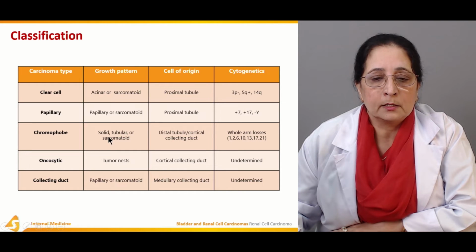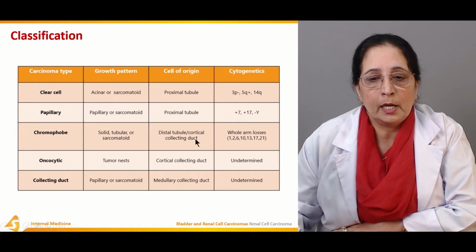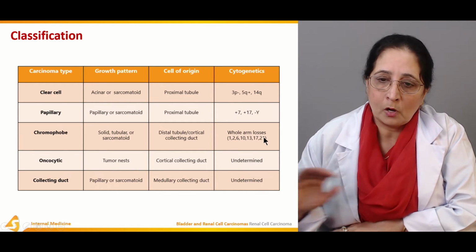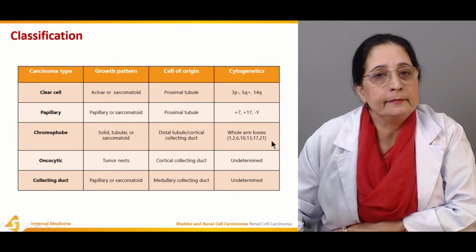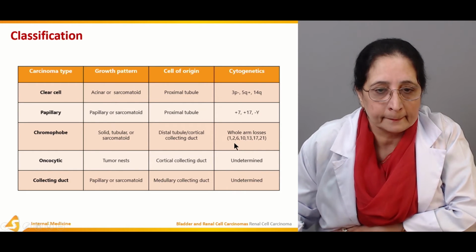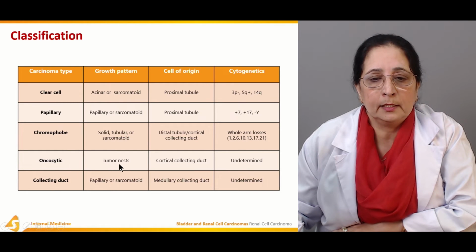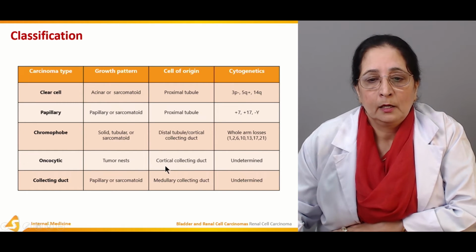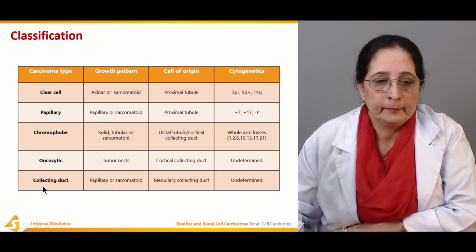Chromophobe: solid, tubular or sarcomatoid; they develop from the distal tubule and cortical collecting duct, with whole arm loss present in 1, 2, 6, 10, 13, 17, and 21. Oncocytic: tumor nests, cortical collecting duct, with undetermined cytogenetics.